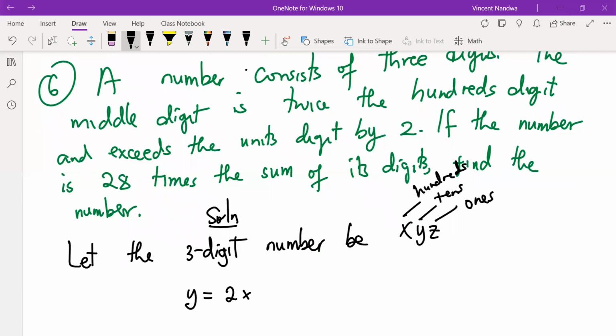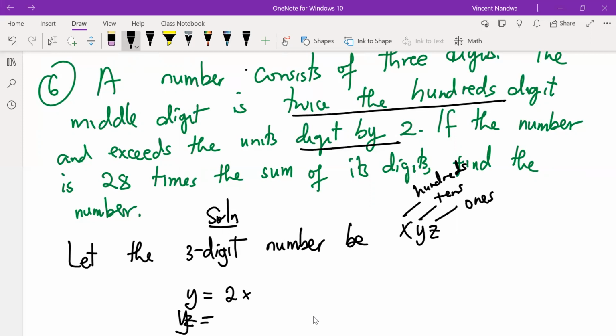So that's this information. The middle digit is twice the hundredths digit and exceeds the units digit by 2. So the middle digit exceeds the units digit by 2.